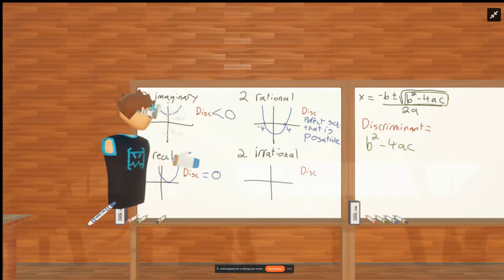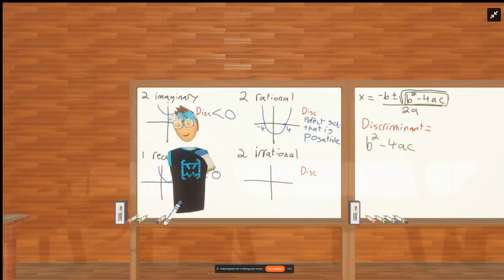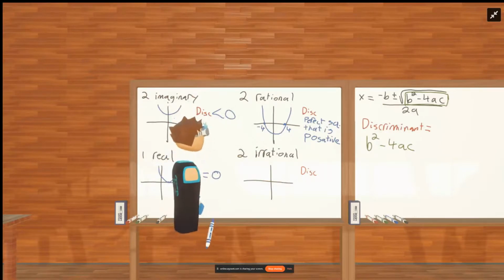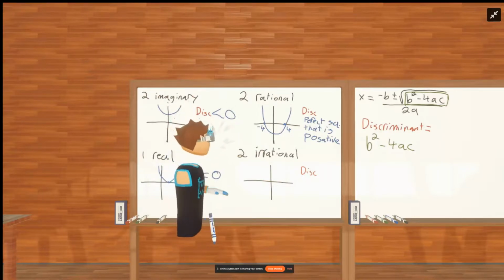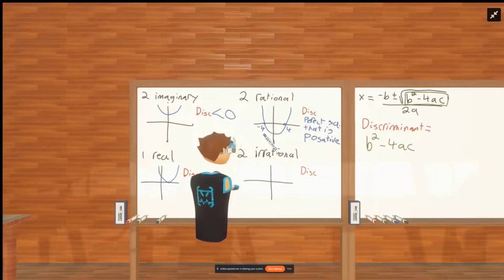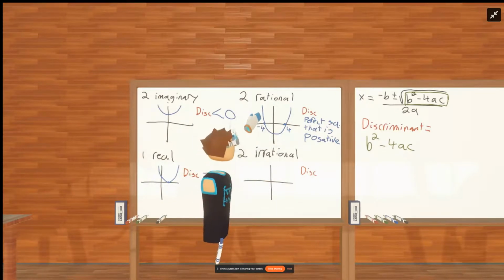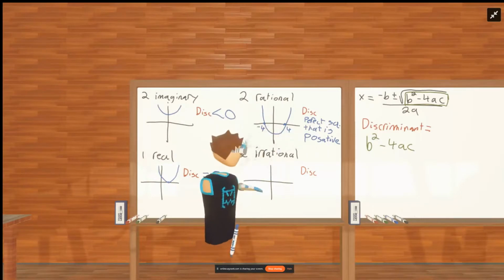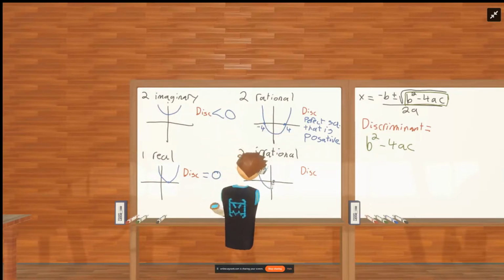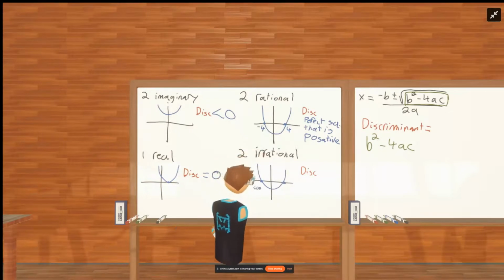And finally, we've got our two irrational roots. This is very similar to our rational one, except we want it to not be rational. So in the rational case, we wanted to make sure that they were perfect squares. So with this parabola, we still have our two roots, but in this case, we want these to be square rooted, or numbers that are rooted.